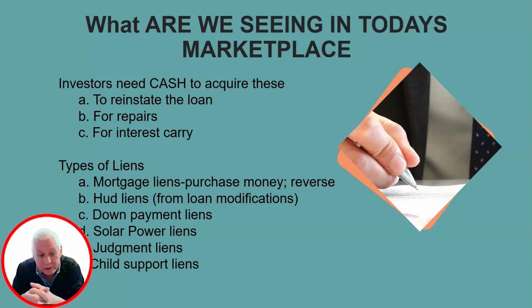There are down payment liens out there, judgment liens, child support liens, restitution liens, and of course, this new thing coming online, which are these solar power UCC liens that really only attach to the solar panels and not to the real property. But title companies in today's world just want those removed because these solar panel companies are filing these UCC liens in deed record, which is really inappropriate in what they're doing.